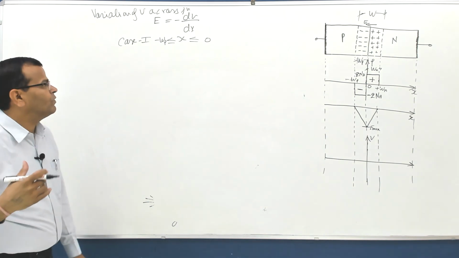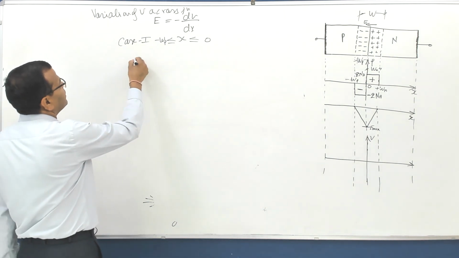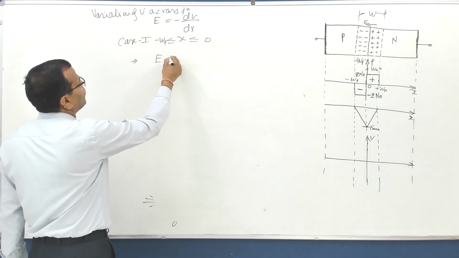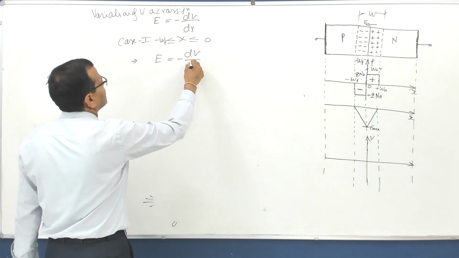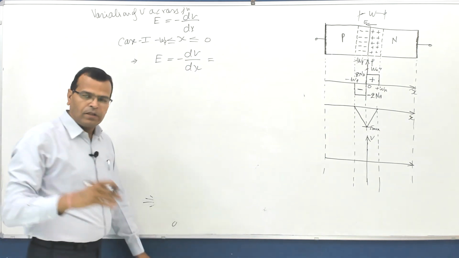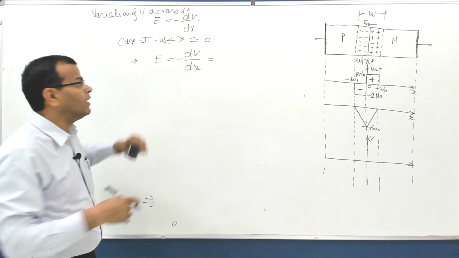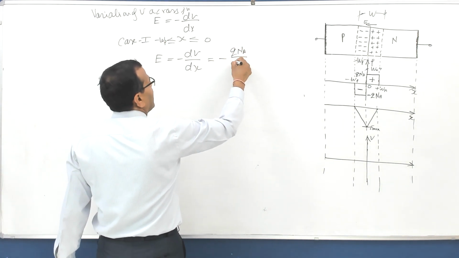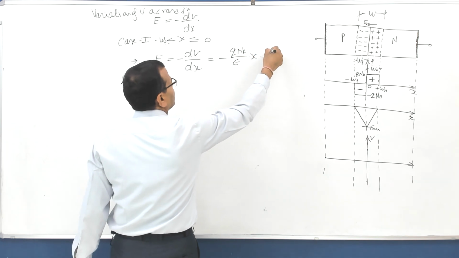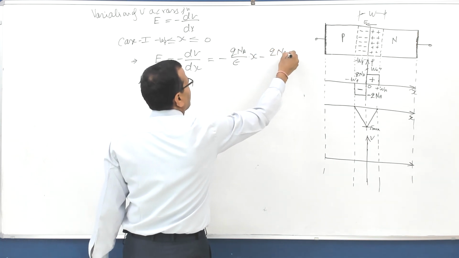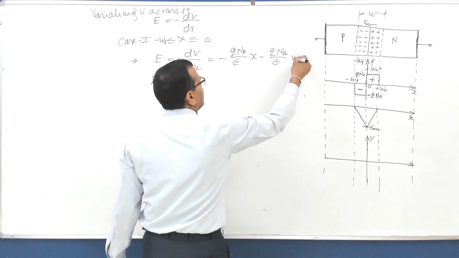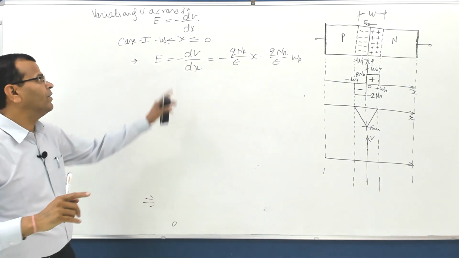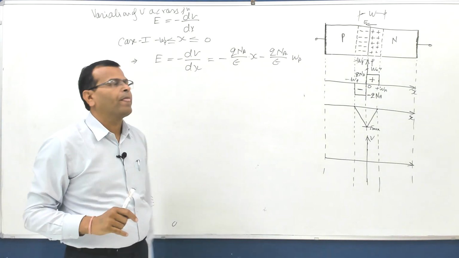That is what we will be considering first. So this gives electric field equal to minus dV by dx equal to, that was minus qNa by epsilon into x minus qNa by epsilon into Wp. That was the expression of electric field for this range of x.